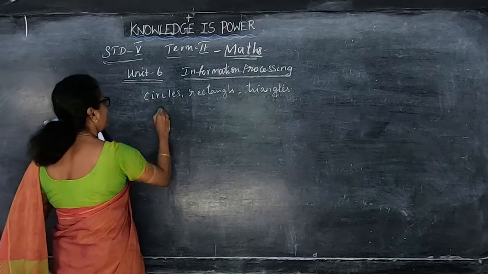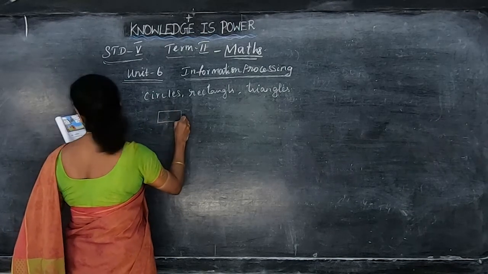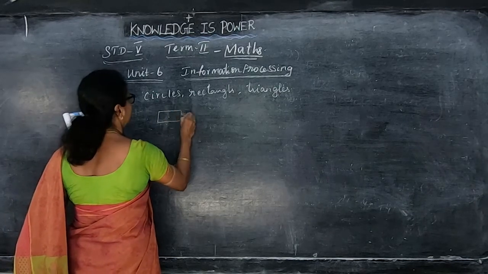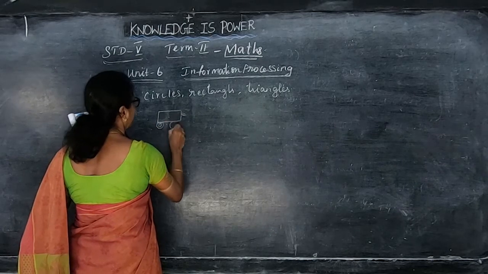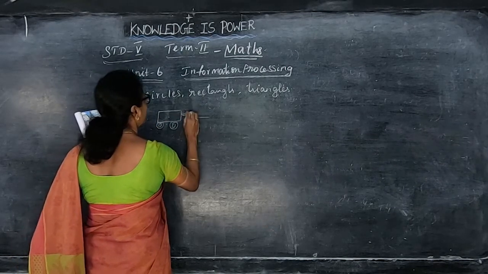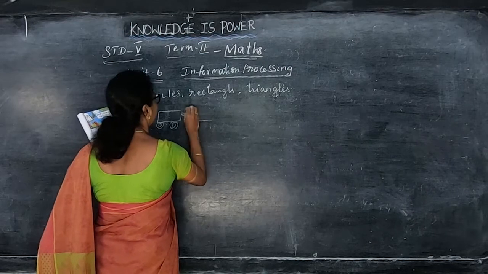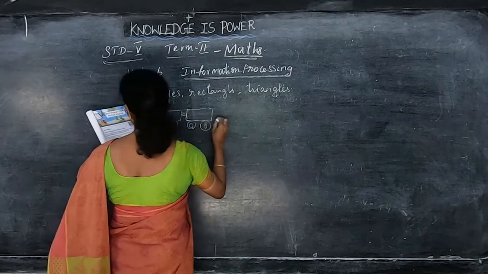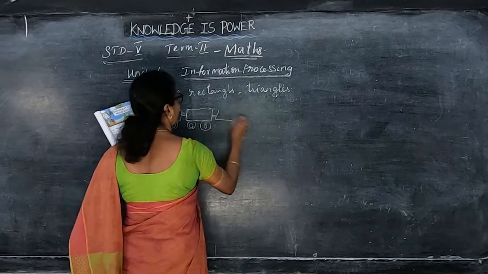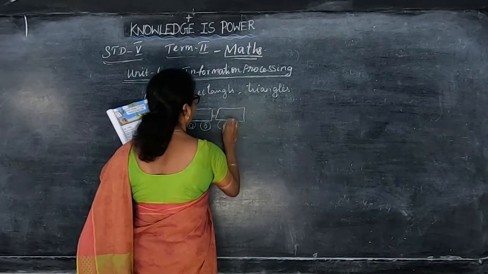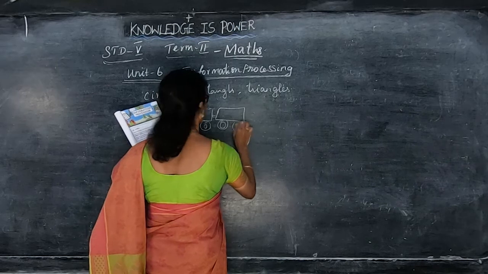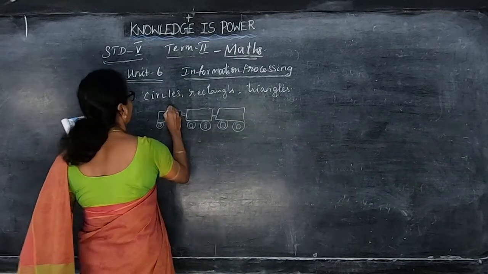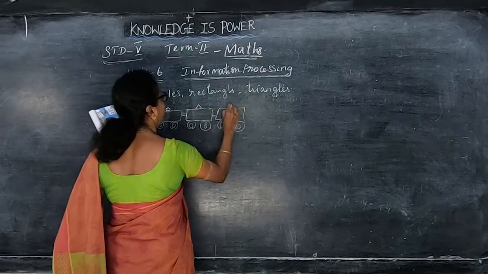So in these shapes, we can make a geometrical shape. Now if you look at a train, the coaches will be like this. So it's the shape of the rectangle and the wheel seems to be the circle. It will be going on like this, or you can write a triangle or square.